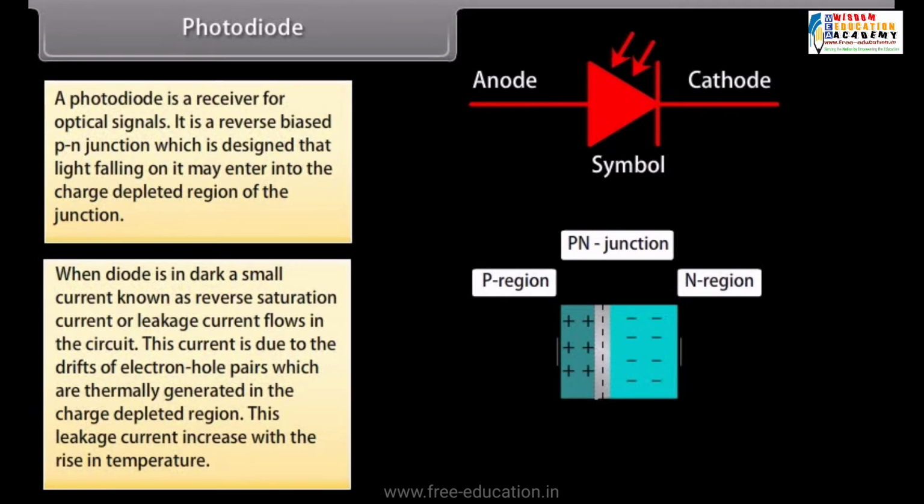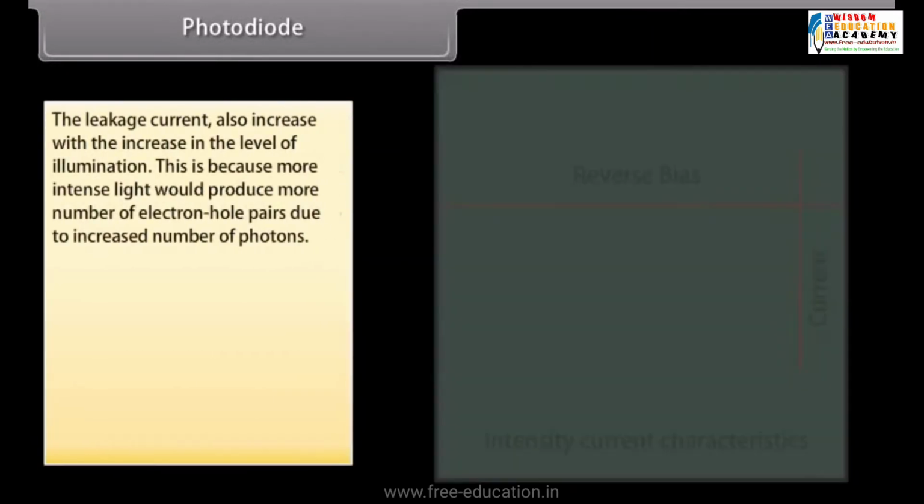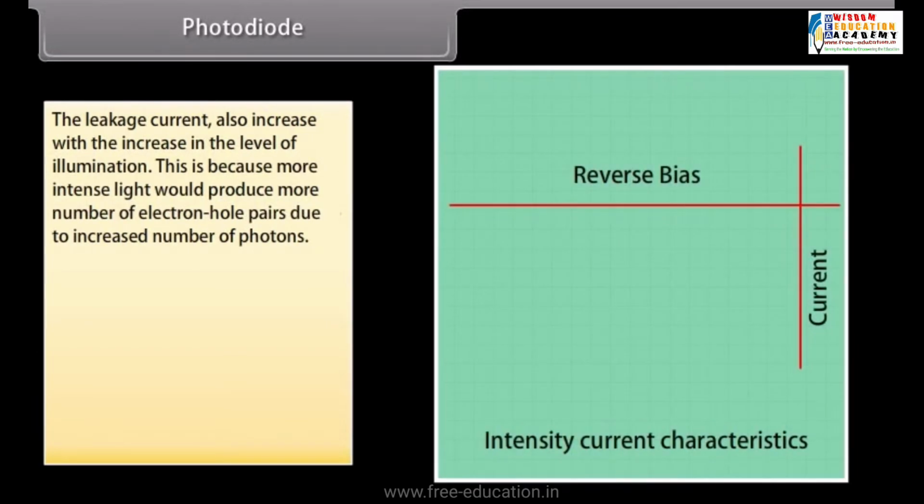This current is due to the drift of electron-hole pairs which are thermally generated in the charge-depleted region. This leakage current increases with the rise in temperature. The leakage current also increases with the increase in the level of illumination. This is because more intense light produces more electron-hole pairs due to the increased number of photons.